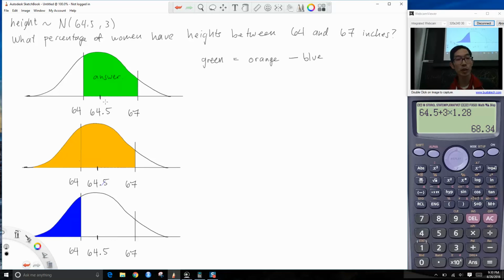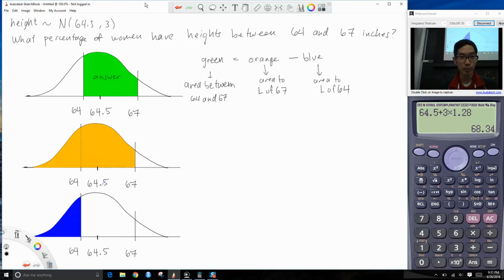What we will be left with is the area between 64 and 67. So green is the area between 64 and 67, orange is the area to the left of 67, and blue is the area to the left of 64.